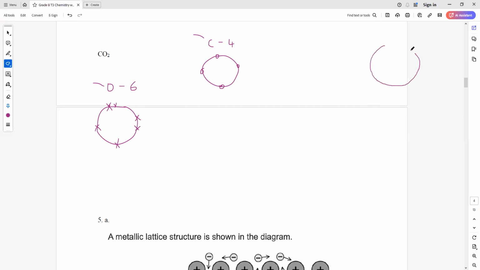So I will just draw here, using crosses.